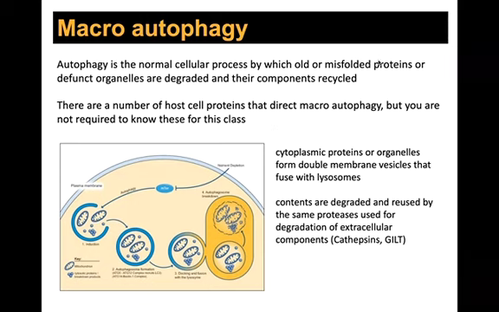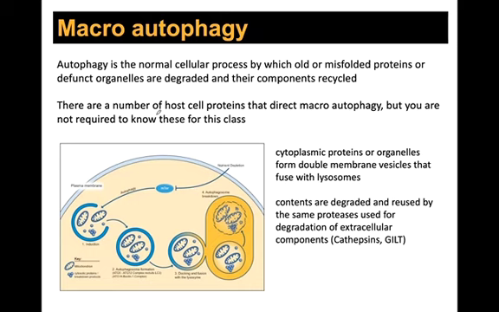In particular, macroautophagy is this process where you take things like a mitochondria in cases where you have low nutrient supply. The mTOR pathway is activated, and then you start this autophagy pathway.